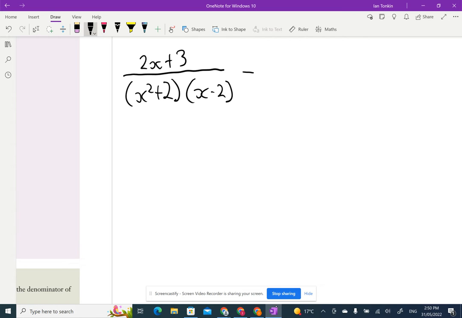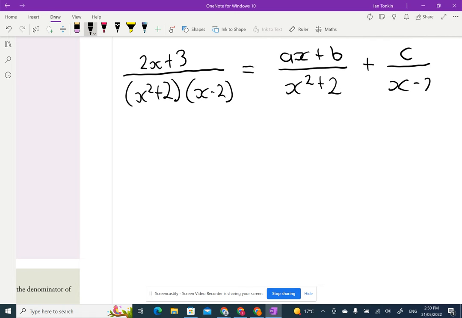And we're going to try and write that as a partial fraction. And the way we're going to write it is we're going to write a linear expression up here, ax plus b, on the irreducible one, and then we're going to have a c on the other factor, the x minus 2.